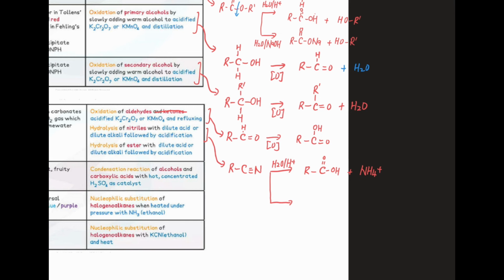So if you are using alkaline, H2O and alkaline, for example this one, so that will form RCOO and A. So as the carboxylic acid is neutralized by the alkaline, and then the other one is ammonia.